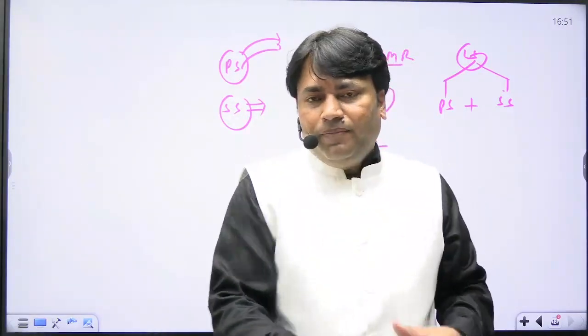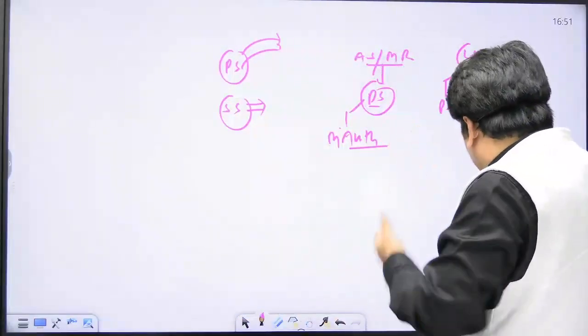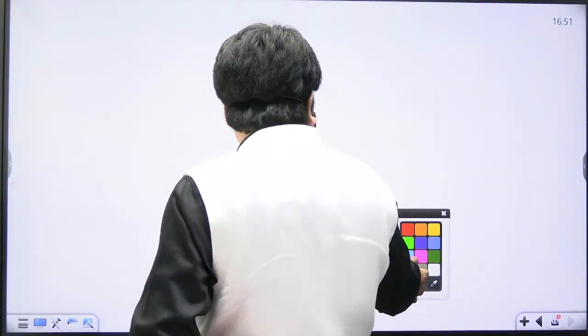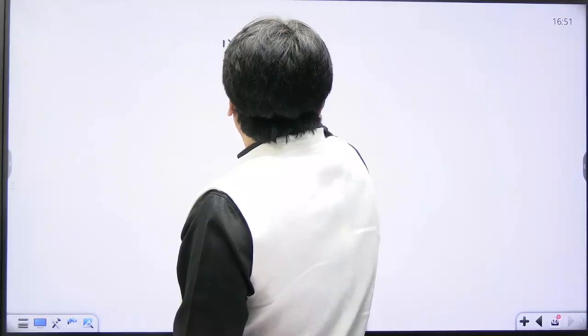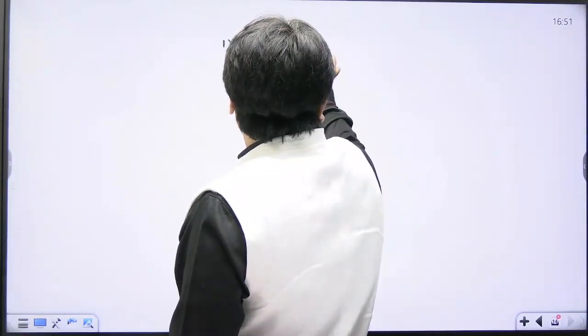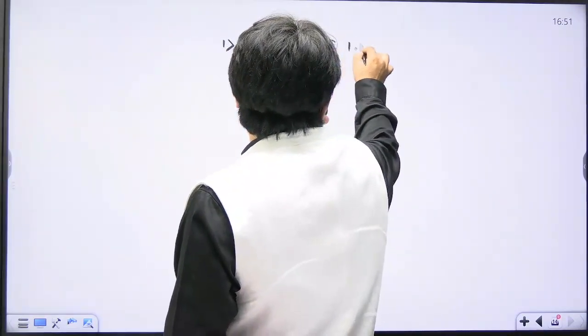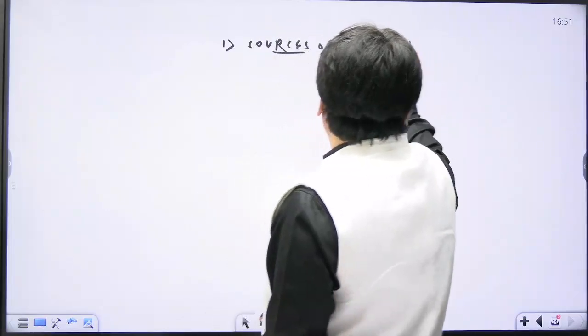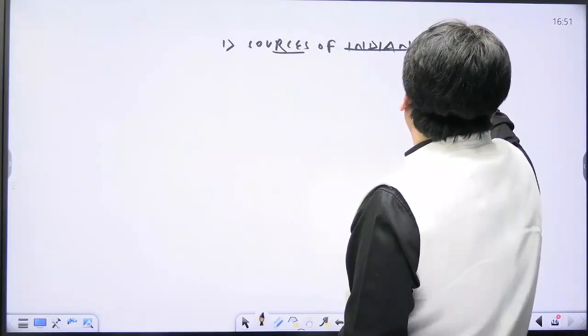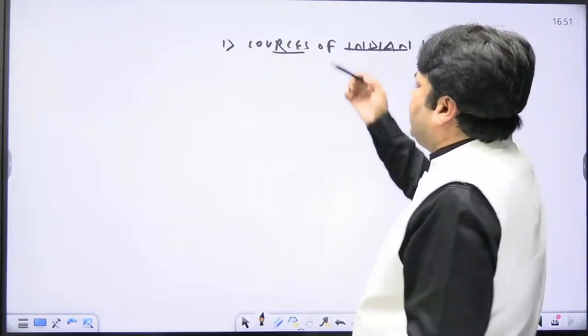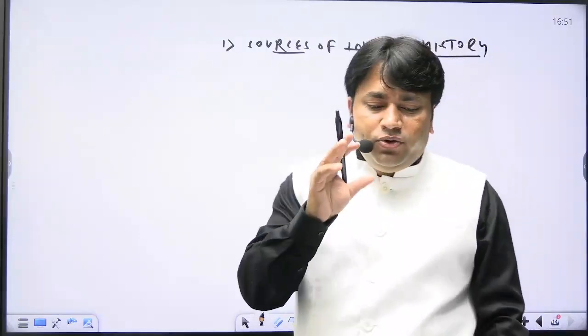Now the second part: the sources of Indian history, and why they are important. In order to do scientific interpretation of history, obviously the sources of Indian history are very important, and we need to know that.